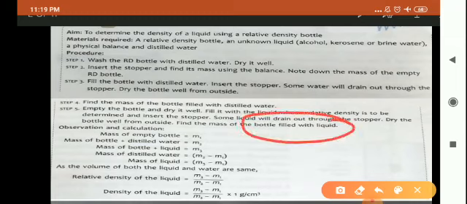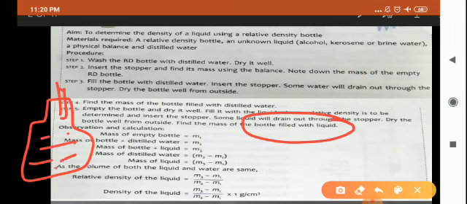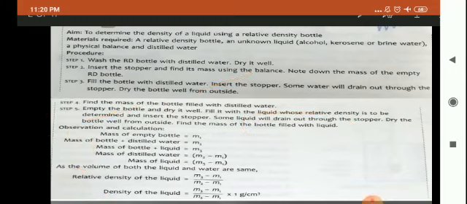So after filling this RD bottle with the liquid whose relative density or density you need to find, you are again going to weigh this bottle using a physical balance, and let us say that this time the mass of the bottle is M3. So is it clear, children? M1, M2, M3.